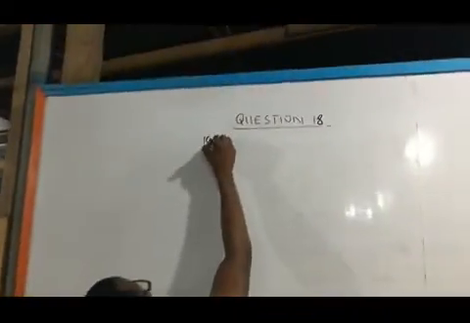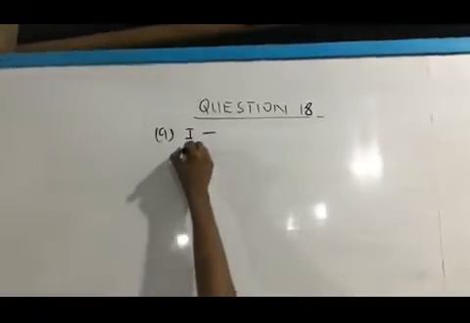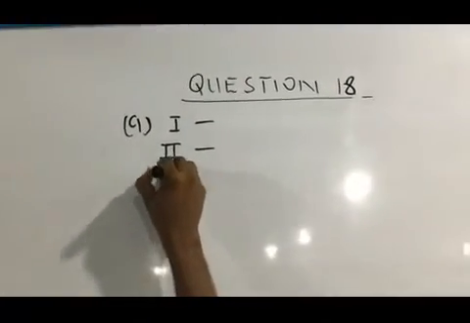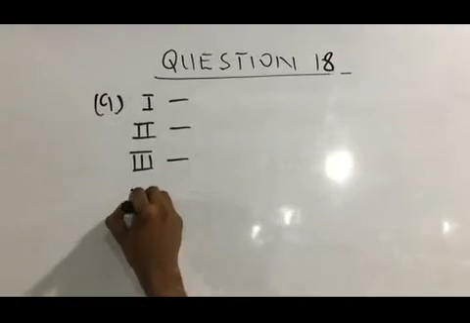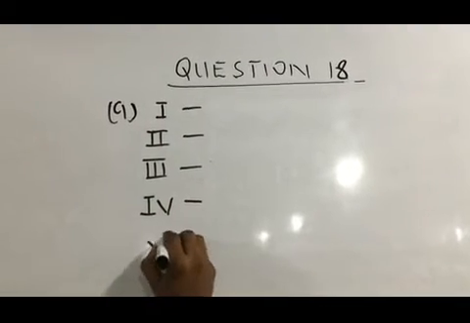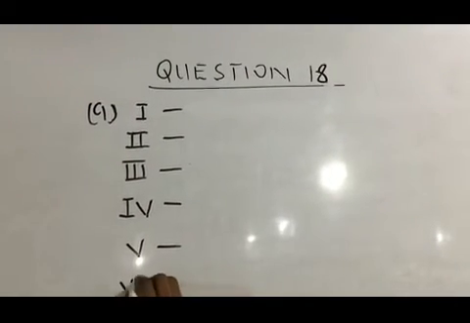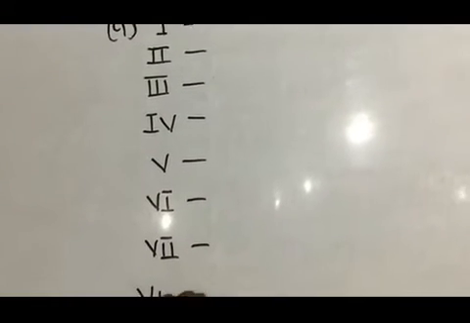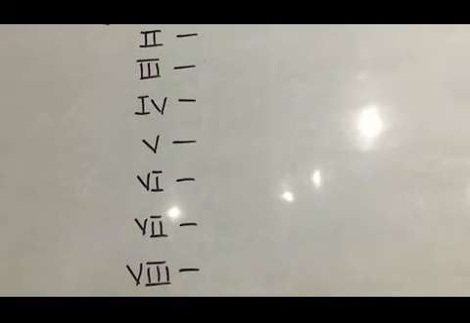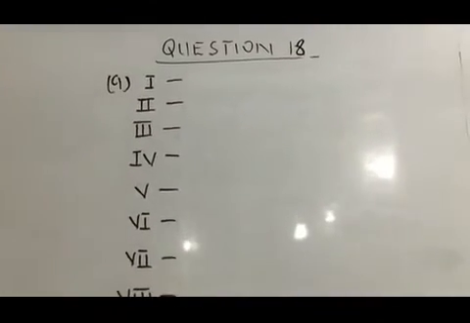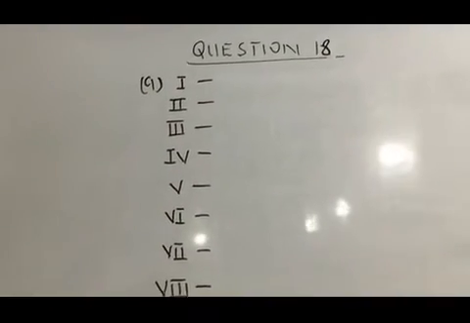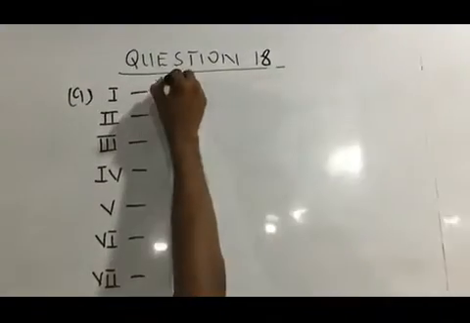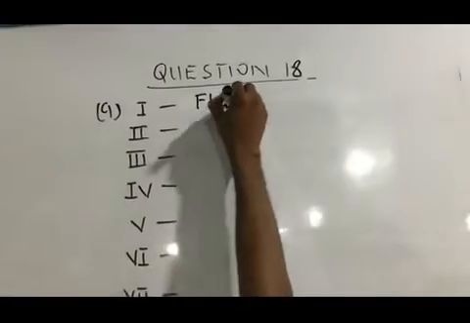Question A. You have I, IV, VI, and then the last one, VIII. Okay, so the apparatus labeled I is your flat bottomed flask.